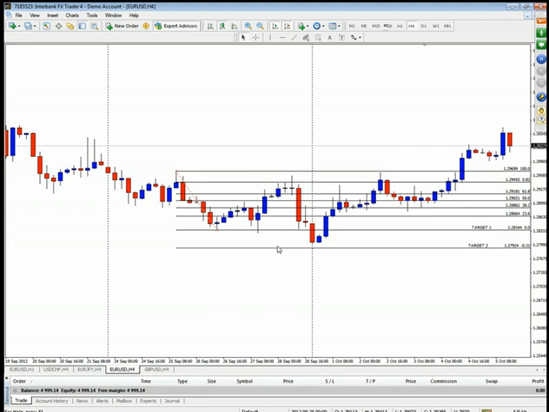So let me explain to you how you do this, even though I'm going to talk about it in the money management after. If you're going for two targets, say you put on one lot. Once you hit your first target, you're going to take off either 50% of your trade or 70% of your trade.